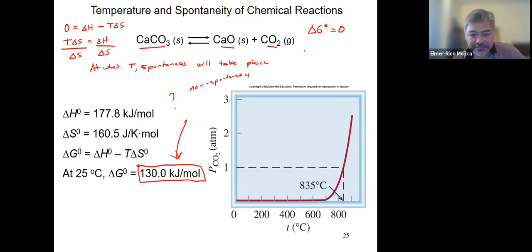So in doing that, I could just put here 177.8 kilojoules per mole divided by, look at the unit, 0.1605 kilojoules per K mole. If you look at the units there, what's the one that is left? Kelvin. So how much is this equal to? Anyone?